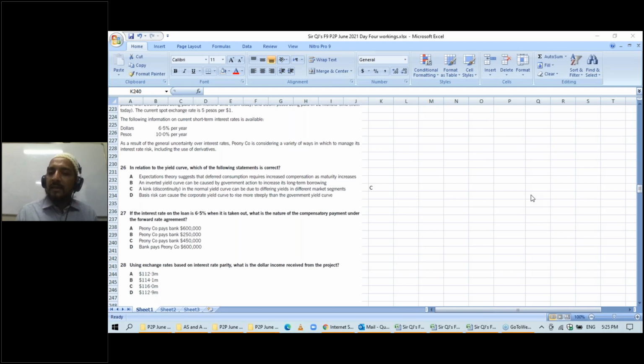The areas where you are strong, please keep them aside for some time and invest more time into the areas where you are weak, like risk management, like factors, like the theoretical areas in business valuations.